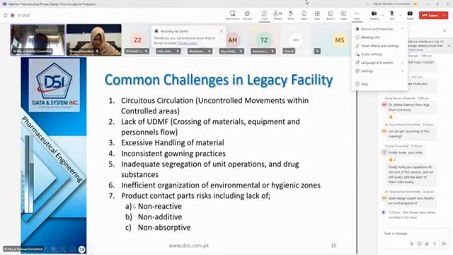But obsolete equipment does not comply with this. Sometimes you will see rust on the machine. Sometimes you will see erosion on the machine due to a reaction with the powder. So all such things must be addressed in a contamination control strategy, and your equipment must be selected in such a way that its product contact parts are non-reactive, non-additive, and non-absorptive.